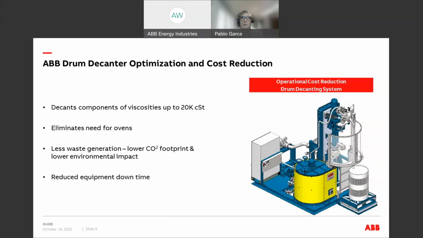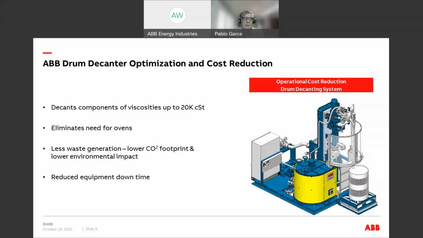We tilt the drum and we can rinse it, heat the basin around it, and then flush and rinse the component. Besides the characteristics of the drum decanter, which I'm not going to focus on too much, I'm going to look at how the drum decanter fits into the overall productivity of a plant.